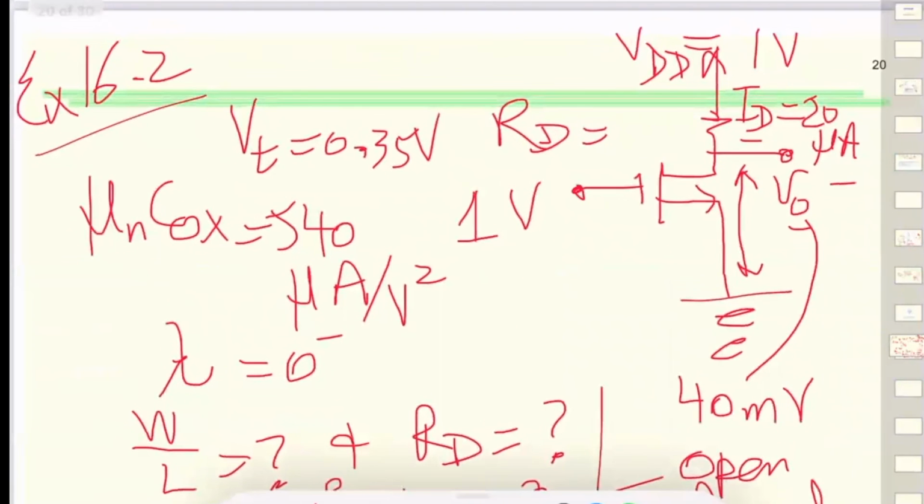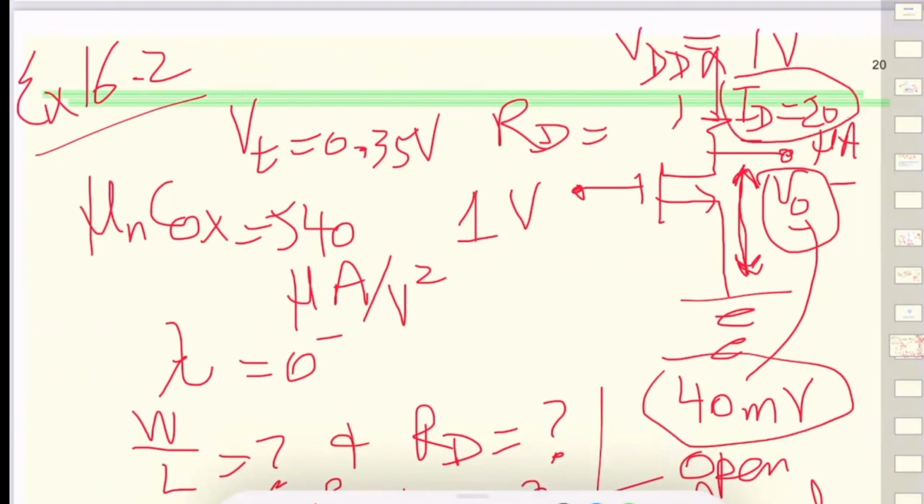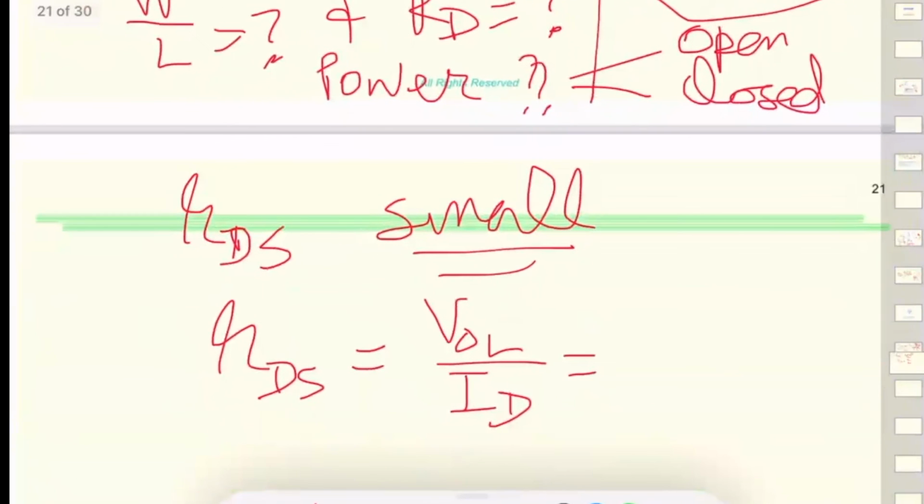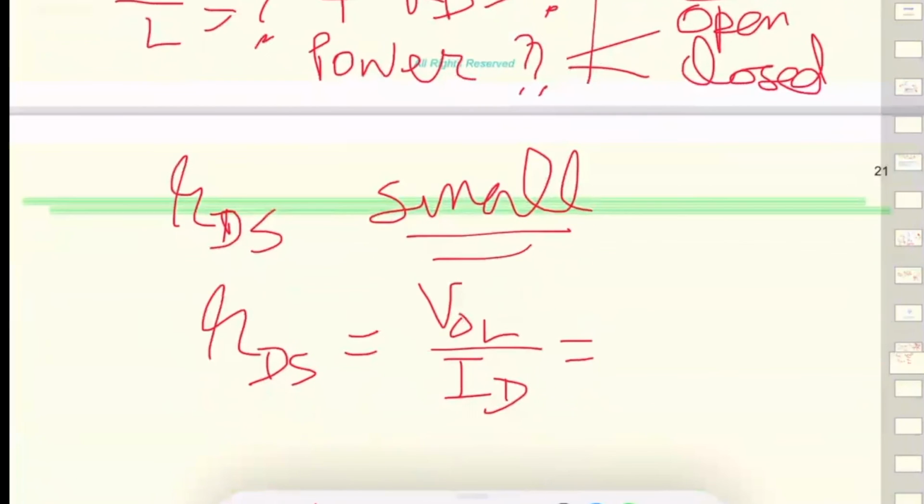Where is RDS? It's drain to the source. That's from here to here. We know the output voltage because that's been given to us, and the drain current is the same, which is coming from here. It's going to flow through the transistor and go to the ground. So that's the current and that's the voltage, and we are given both of those. So I got this from 40 millivolt and 20 microamp.